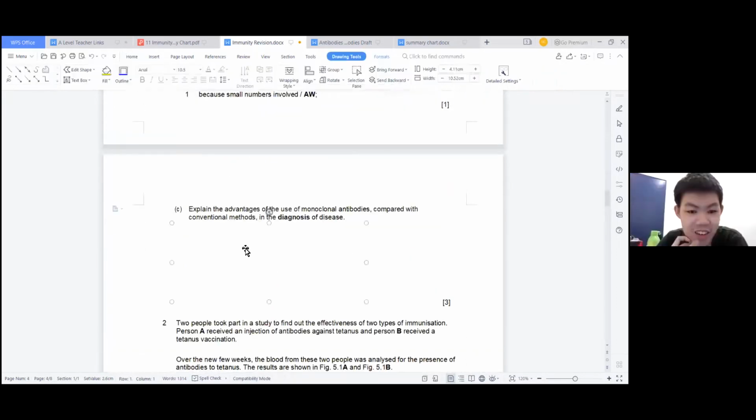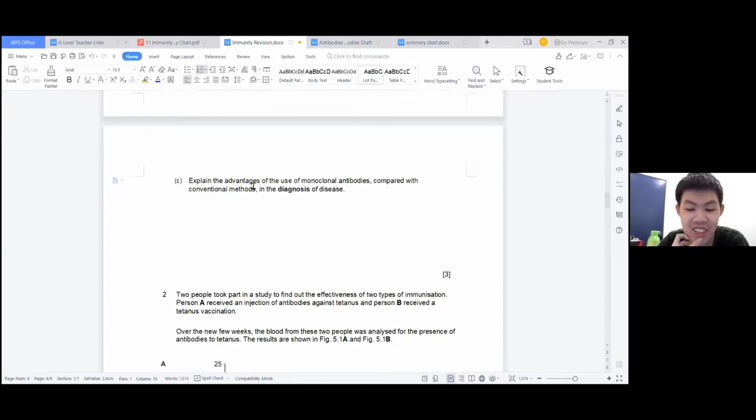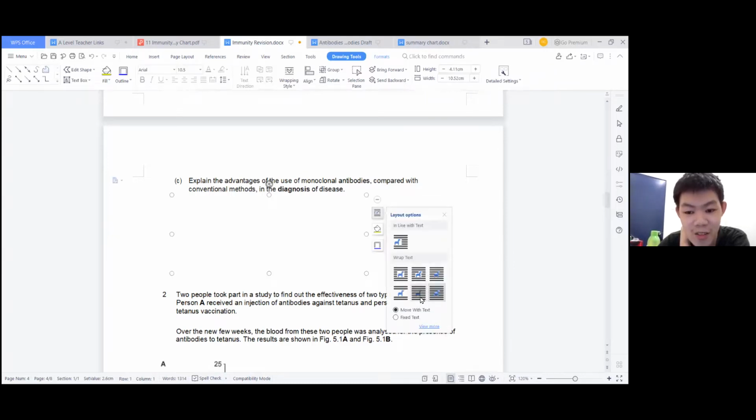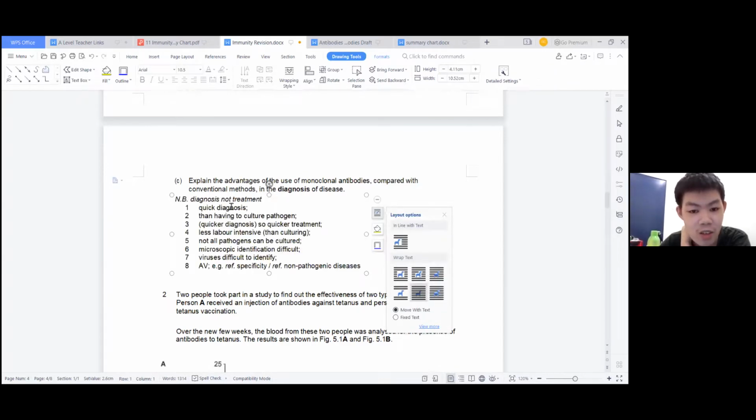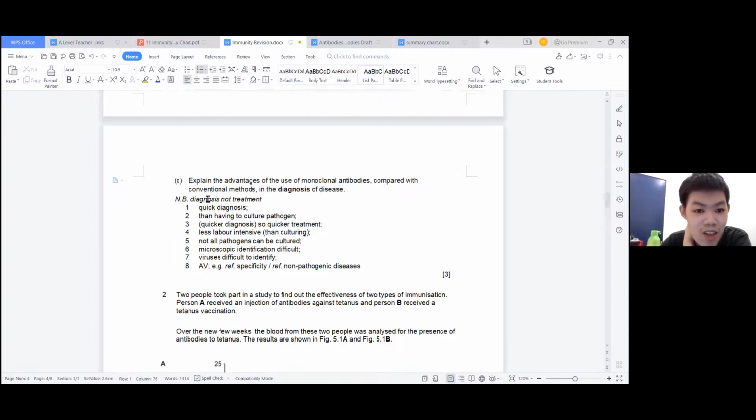Thanks. The next question is: explain the advantages of use of monoclonal antibodies compared with conventional methods in the diagnosis of disease. You need to take note that it's talking about diagnosis, not the treatment. When they talk about conventional methods, I also think you need to guess, because based on the marking scheme, they are talking about 2 methods.